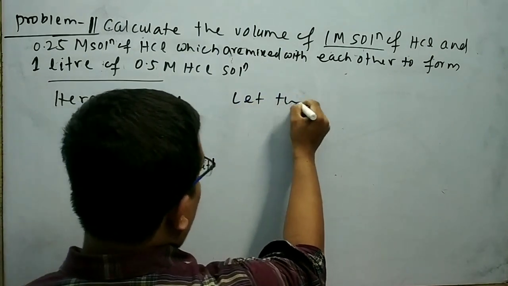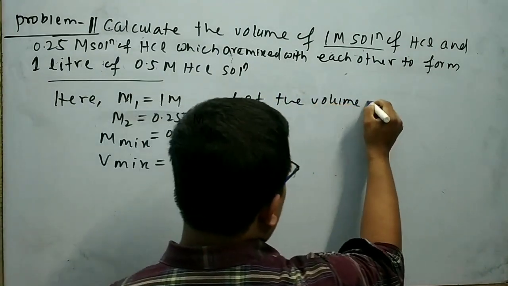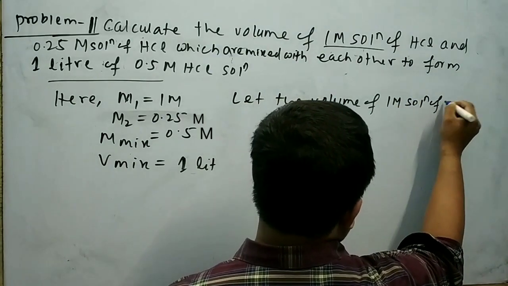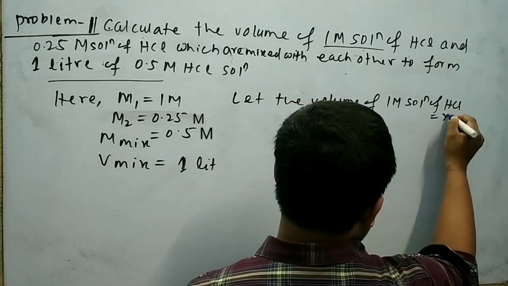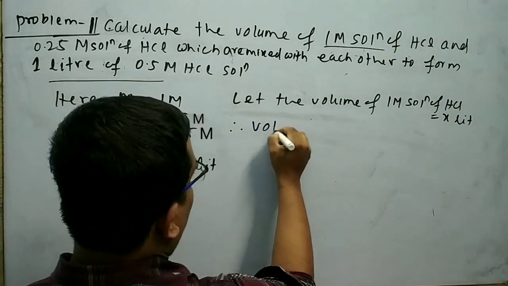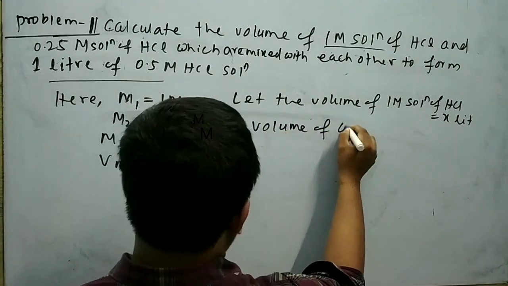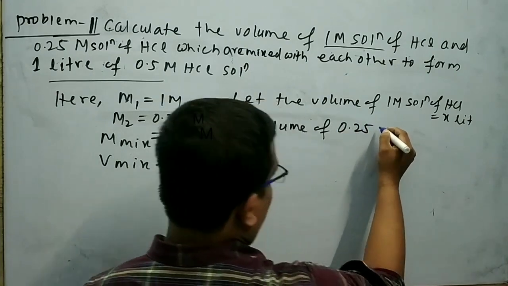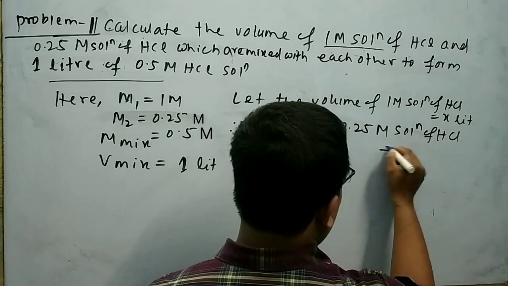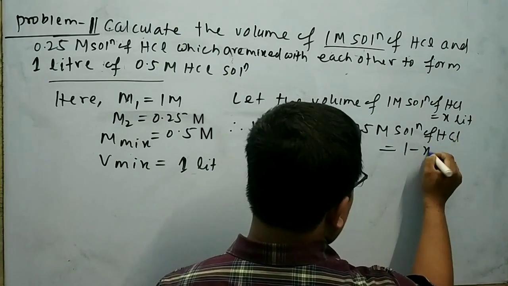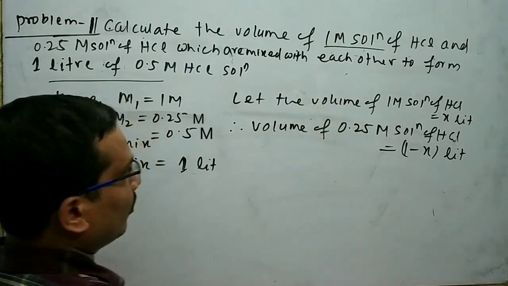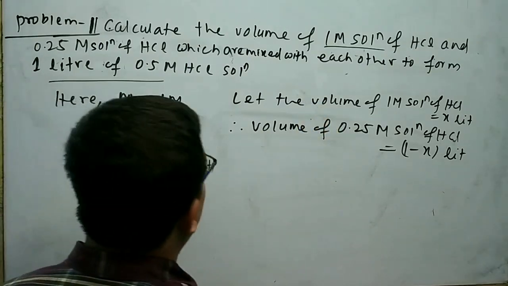Let the volume of 1m solution of HCl equal to x liter. Therefore I can write volume of 0.25 m solution of HCl equal to 1 minus x liter, because the sum of these two volume is equal to 1 liter.